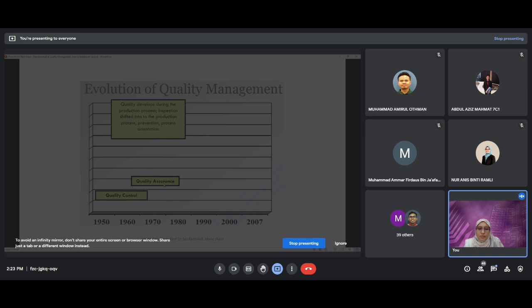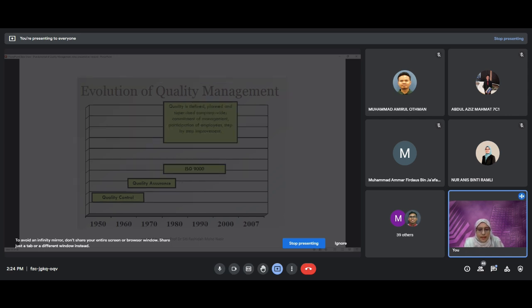And then quality assurance was introduced. In quality assurance, quality develops during the production process, where inspection was shifted into the production process, where prevention and process orientation are also involved. And in the 1990s, ISO 9000 was introduced to the manufacturing discipline.